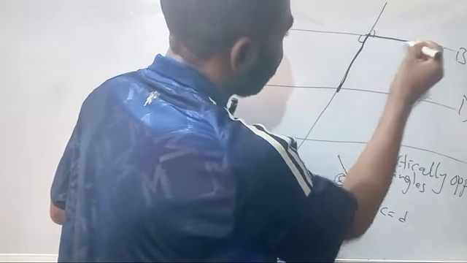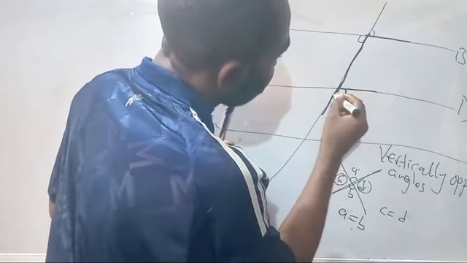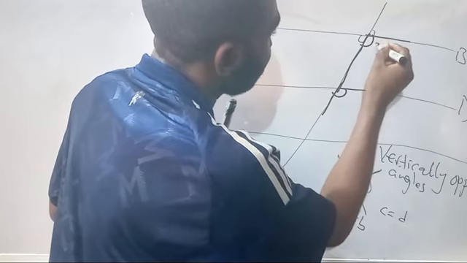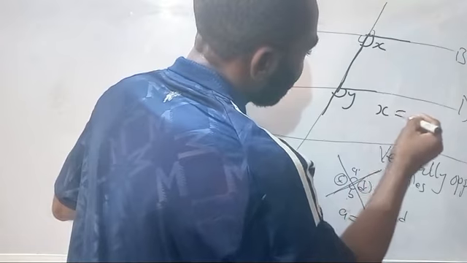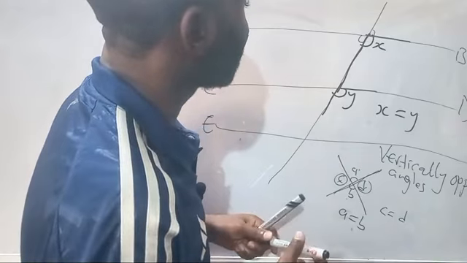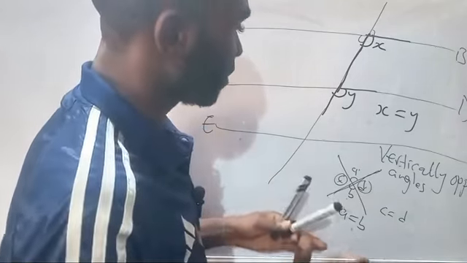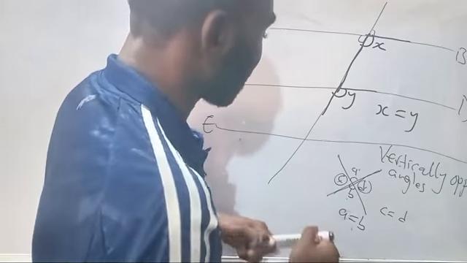You have something like F. So which means this angle here, this one here, if here is X, here is Y, which means X is equal to what? Y. So a corresponding angle is that angle that is in the form of what?